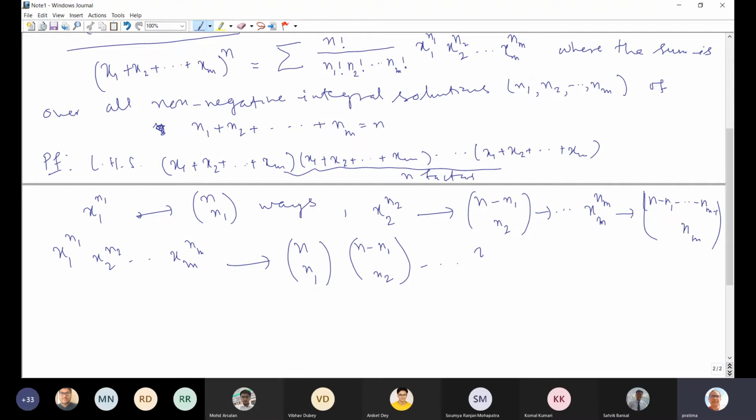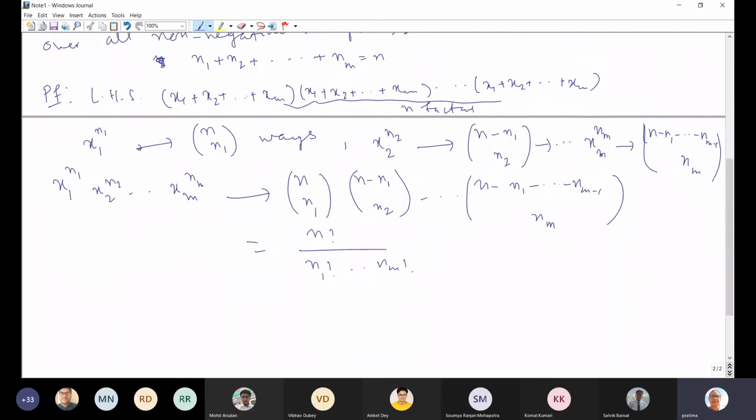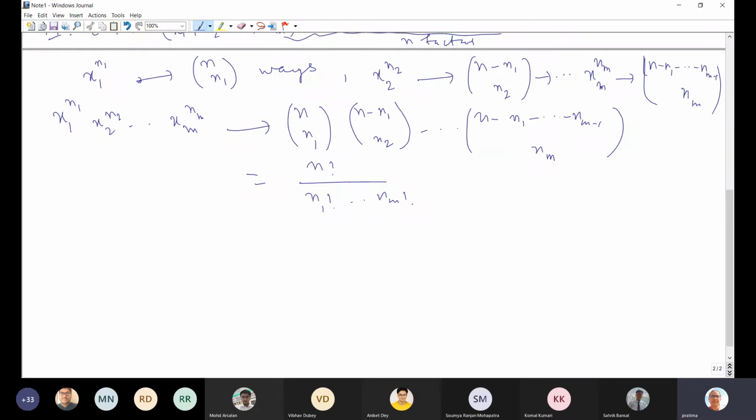Earlier we have seen that it comes out to be n factorial divided by n1 factorial up to nm factorial. So this is one way that you can verify this multinomial theorem.